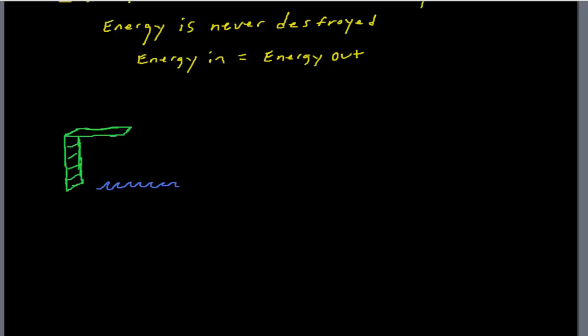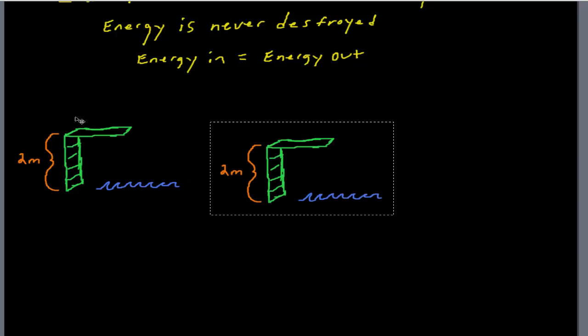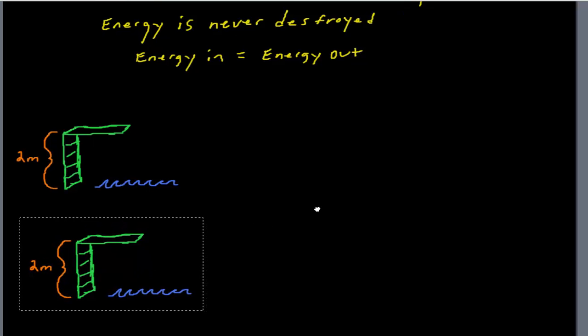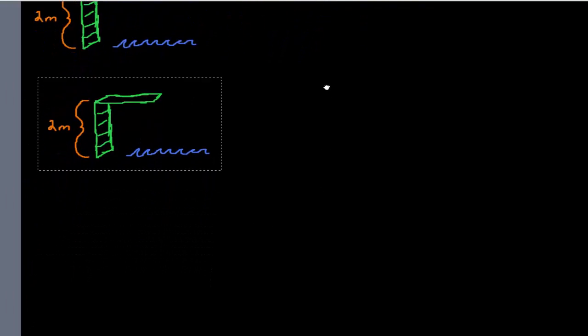Let's give us some numbers to work with here. Let's say that the diving board is 2 meters tall. Now, what I'm going to do is I'm going to clone this a couple of times so I don't have to draw it again. You'll understand why in just a second.